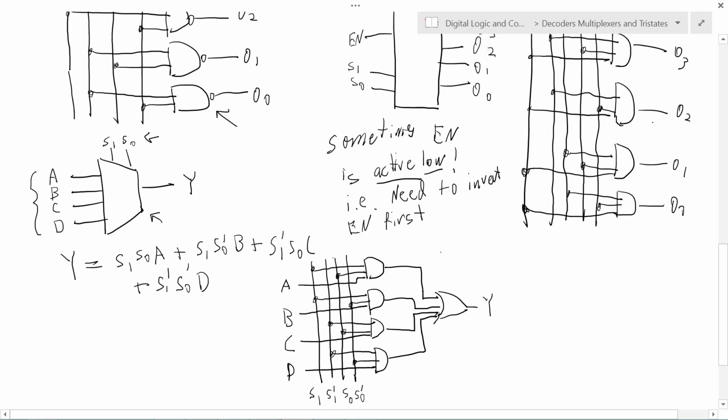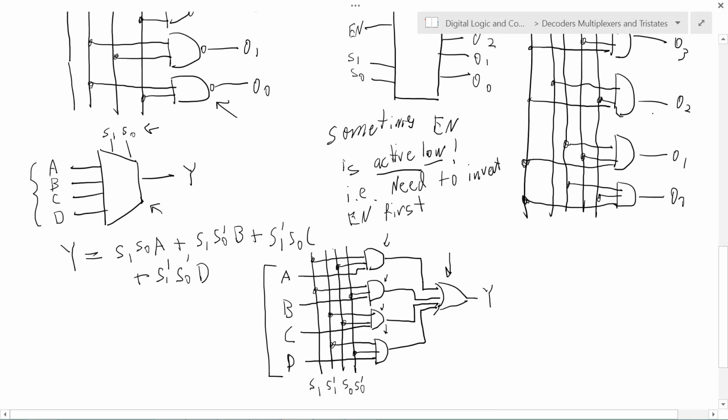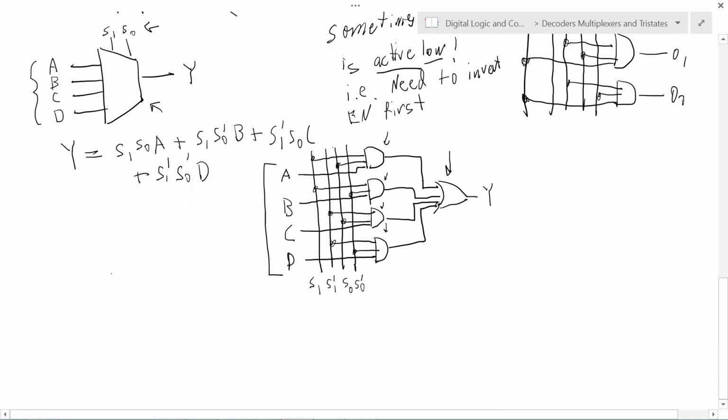Notice that the things that we have different between the multiplexer and the decoder are this OR gate and the inclusion of these AND input signals. We also have extra inputs on each AND gate. So it is possible to implement this using a decoder.